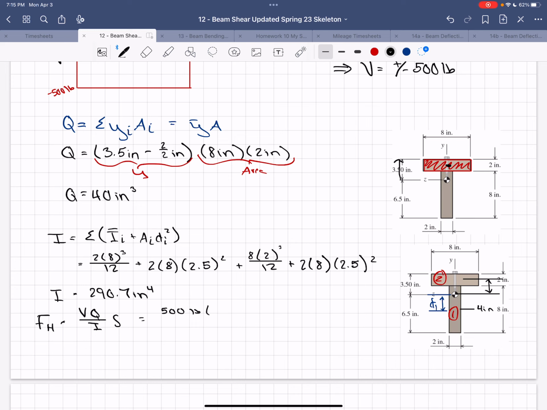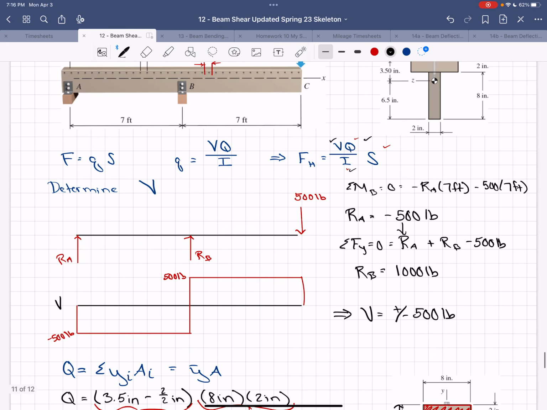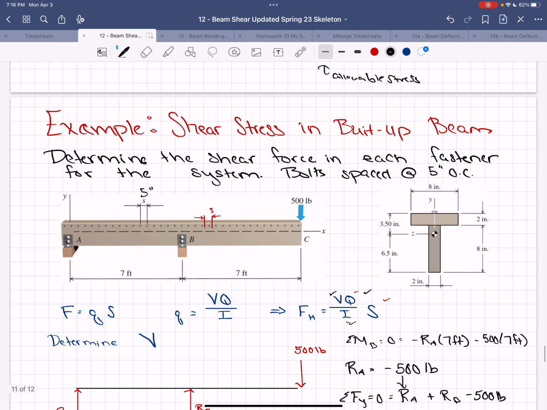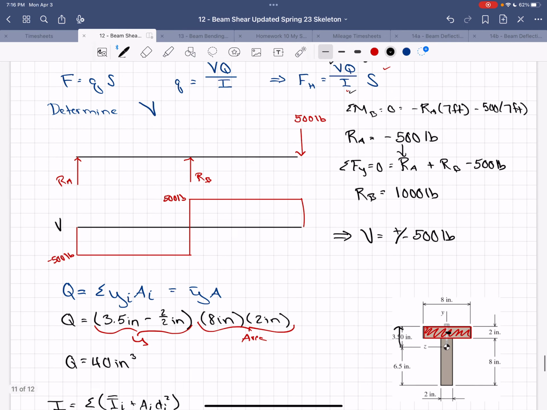Q is 40 inches cubed. I is 290.7 inches to the 4th, and the spacing is 5 inches on center.